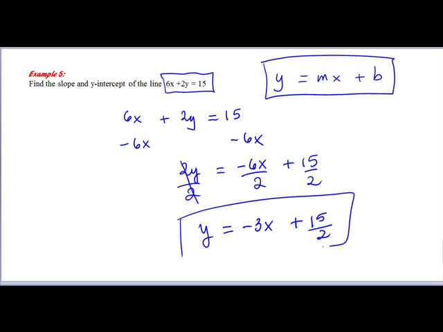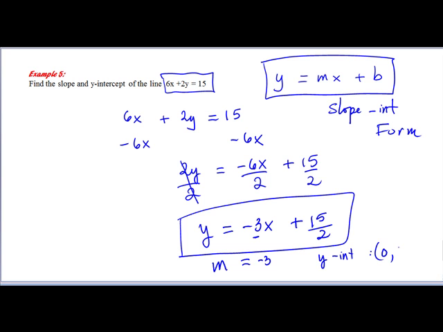Now, since this equation is written in slope-intercept form, we can identify the slope easily. The slope in this case is minus 3, and the y-intercept will be (0, 15/2). So that is our answer.